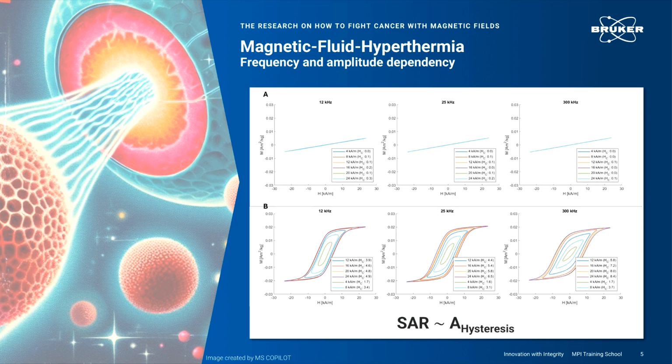You can do this also for different field amplitudes of the excitation frequency. And as you can see, the higher the excitation amplitude, the further you extend into the saturation phase of your particles. And as said, the area under the curve is proportional to the specific absorption rate, which we want to exploit in magnetic hypothermia.